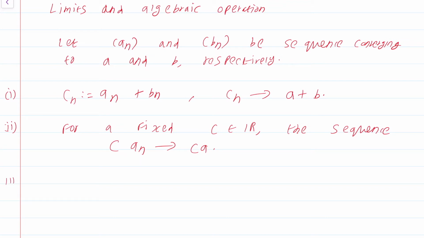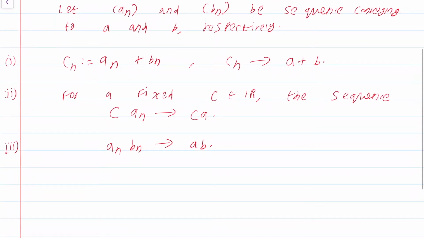Third, an bn converges to ab. Okay, the product of the sequences converges to the product of the limits.